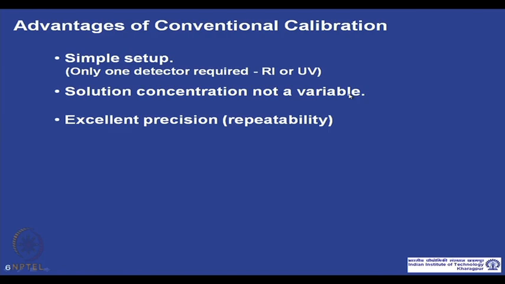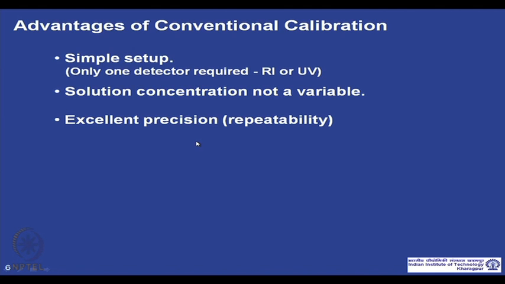There are a few advantages: this is a simple setup, only one detector is required, whether it is a refractive index or UV detector, we require one concentration detector. And we can do this calibration without knowing the exact concentration. Concentration can vary a little bit without any problem, and this calibration is very precise and repeatable.